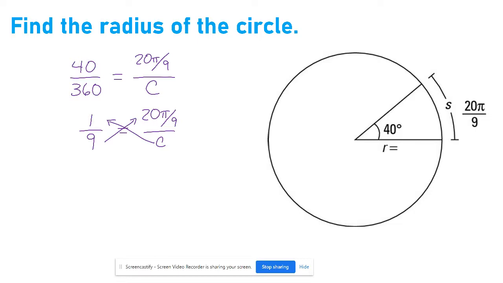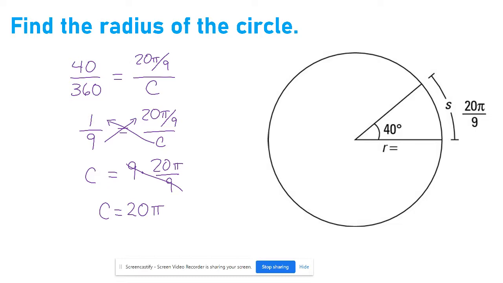So you want to do whatever will accomplish that. And here, if I multiply C times 1, I get C equals 9 times 20 pi over 9, which works out really nicely because my 9s cancel out. So the circumference of this circle is 20 pi.